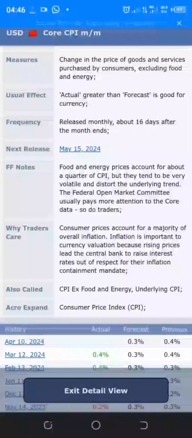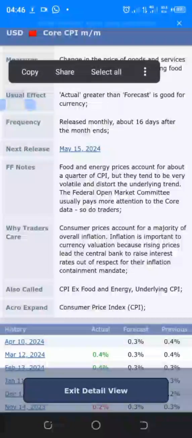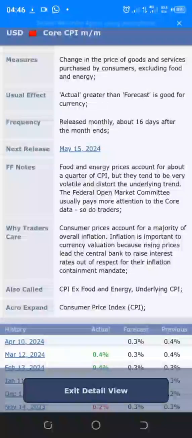Now they say usual effect: if the actual is greater than forecast, it is good for currency. That means the number will be green. If the actual is less than forecast, the number will be red. And when the actual is greater than forecast, it's good for the currency. It means you should buy the United States dollar.